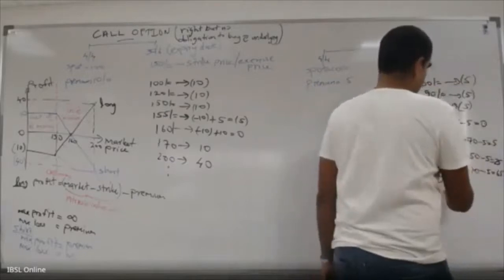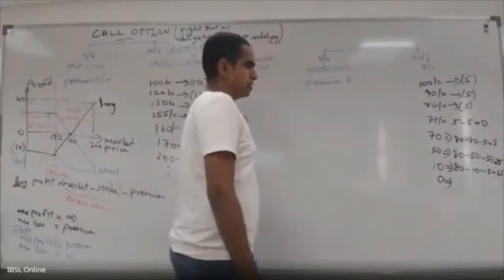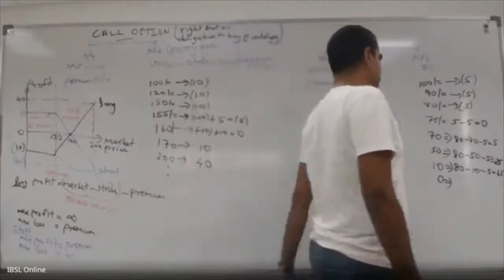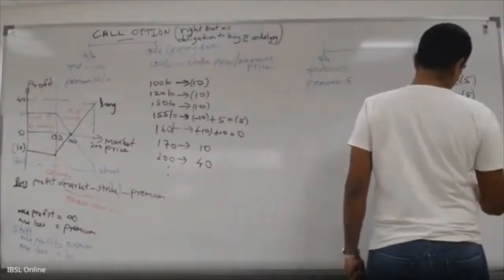Then if mangoes become worthless, you will obviously sell it to me at 80, and then you will make the full profit, minus what you paid me, you will end up with 75.